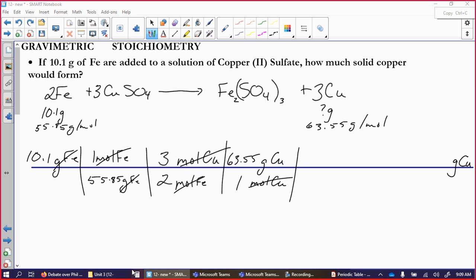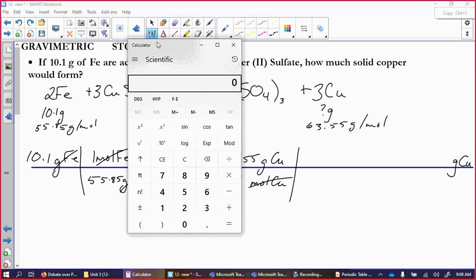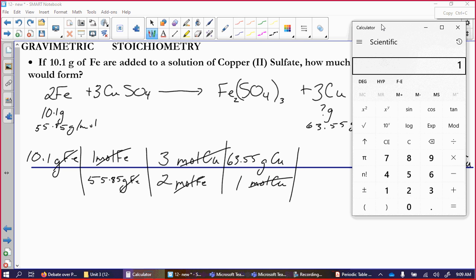Now we pull up our handy dandy Windows calculator. Well, I do. 10.1. Oh, don't point. That's in the bottom of that, so we divide by 55.85.